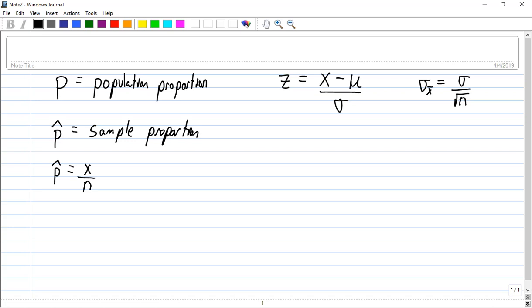Well, I bring that up because if we're going to start doing the same thing, but using proportions, then a couple of things have to change. We're not going to have just an x value anymore, because we don't have a sample mean or an x bar. Sometimes we're using x for x bar.